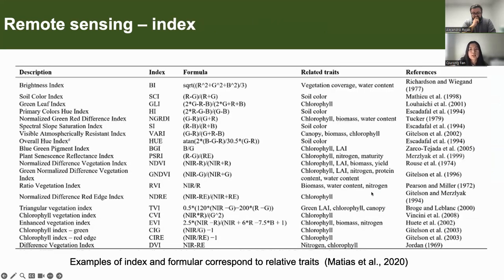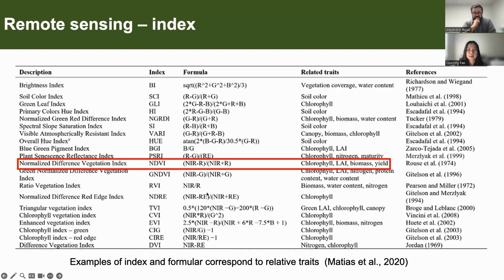So here are more examples of the vegetation indexes in formula correlated to relative traits. In this column of the formula, R represents the red band, G is green, B is blue, NIR is near infrared, and RE is the red edge. So a multispectral sensor can capture the signals from all these 5 bands.